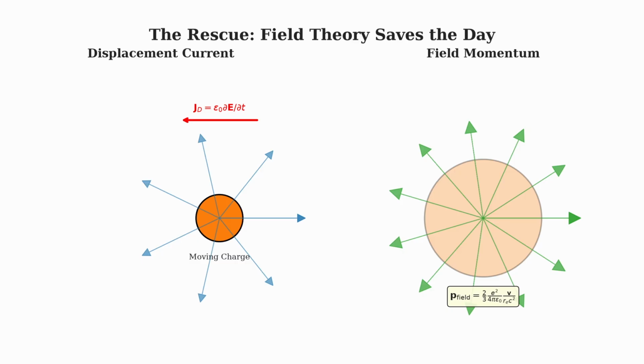And that's where field theory saves the day, as I put here. I said the spinning point-like charge generates its own little current, and it adds to the whole. It adds field momentum, and I give that field momentum there.